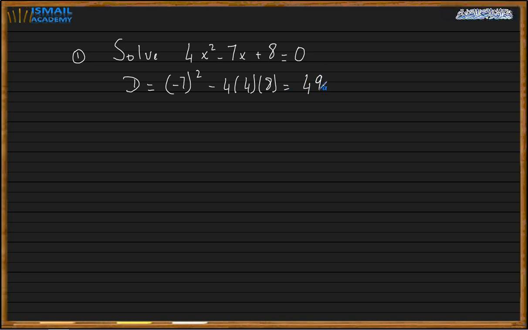It's going to be 49 minus 128, which is minus 79, less than 0. The discriminant is negative, so there's no real solution. My solution set is empty.